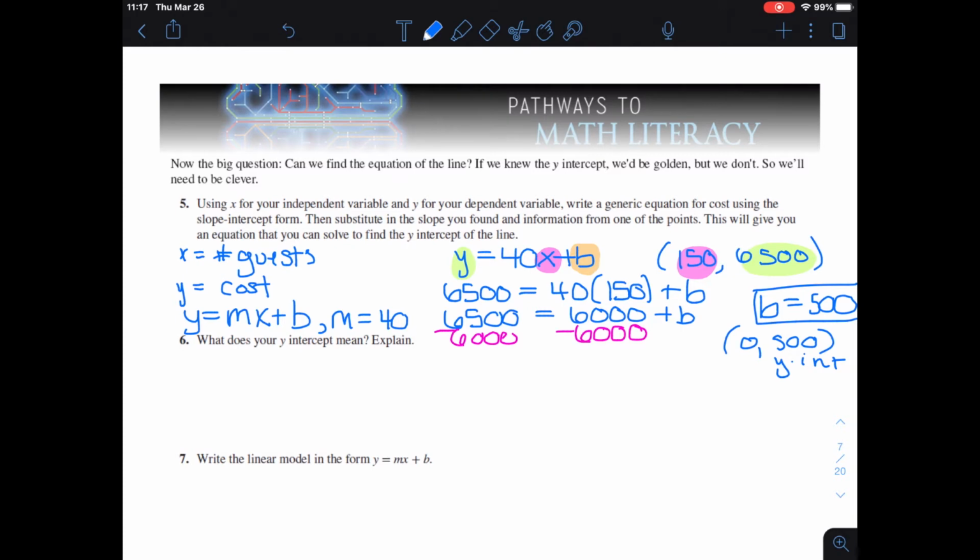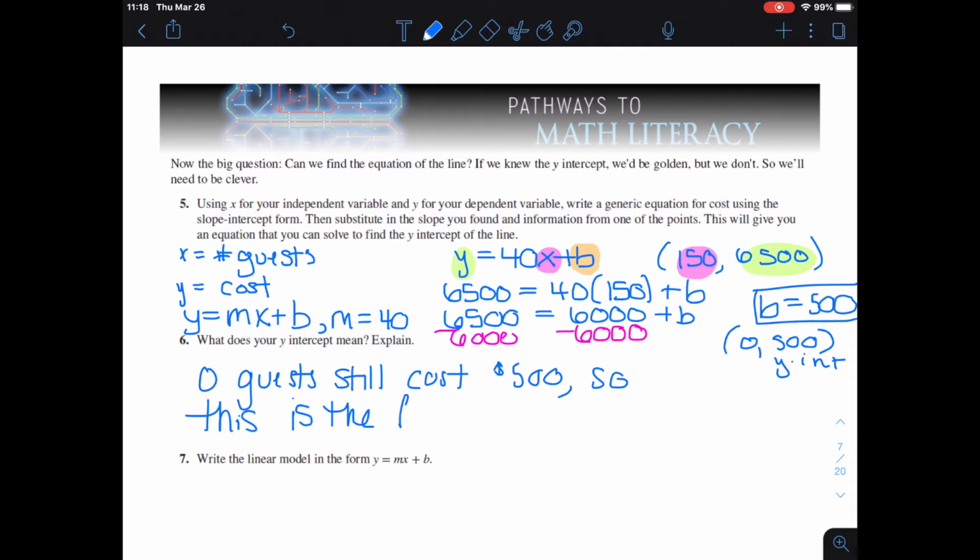So what that means is 0 guests still cost $500. So this is the fixed rate, the venue cost. Or you can think of it as the flat fee to book the venue.